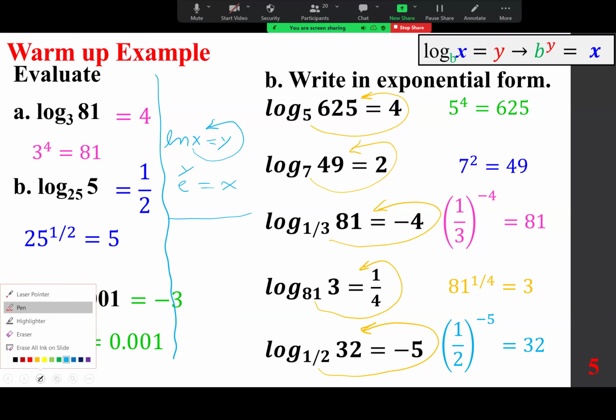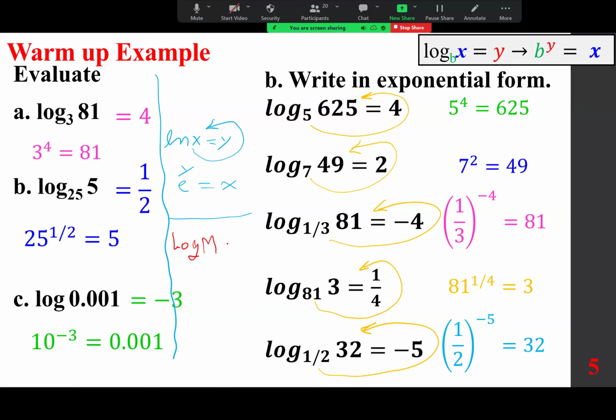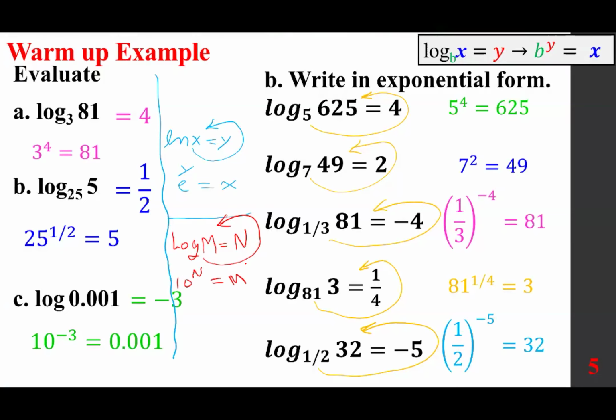The different column: log of m equals n, so 10 to the power of n is m. Okay, I just wanted to add those two just so we see both natural log and common log.